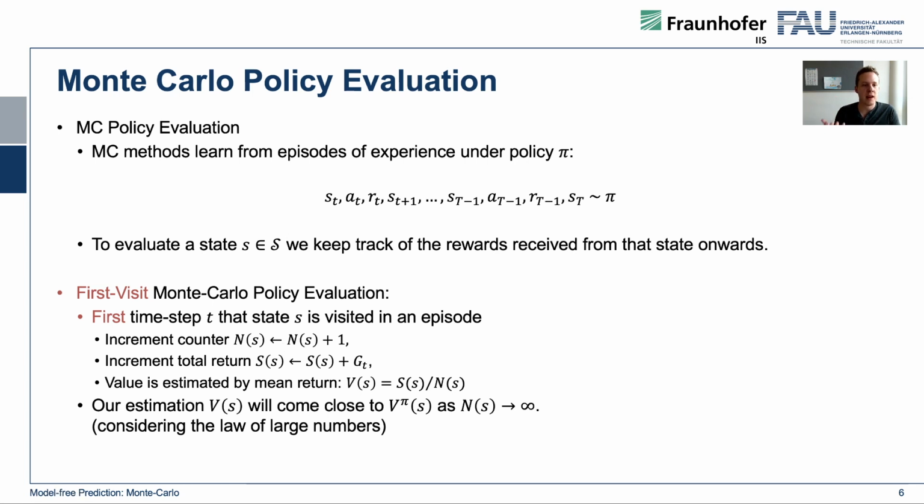We visit the state, we increment the state visitation counter, which is something that we maintain across all episodes. We increment the total return that we got in this sample episode, on the state onwards, which we actually can calculate because we experienced the whole episode. And then we can just say, okay, we estimate the state value by just taking the mean return.